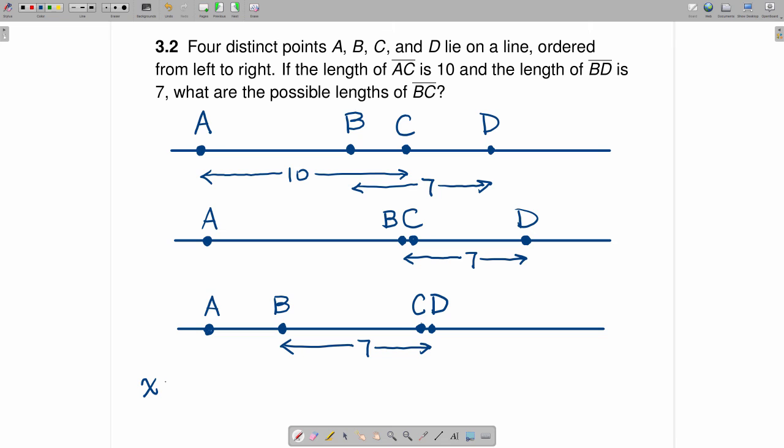So if we let X equal the length of the line segment BC, then to answer the question, what are its possible lengths, it could be as short as 0, which was this extreme case, not equal to 0, but strictly greater than 0. And it can also be just short of 7, so the length of BC will lie between 0 and 7 units.